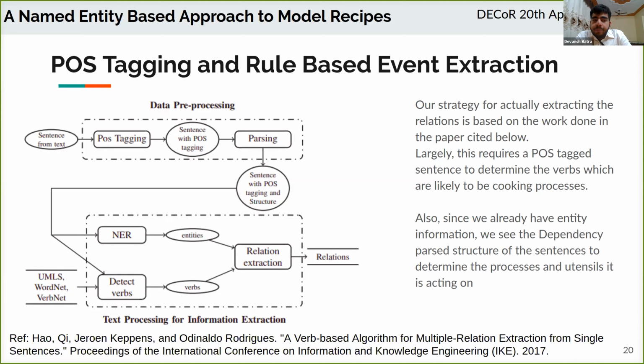So the pipeline would be to actually detect the verbs after NER has been performed using POS tagging, and then find the entities, the ingredients, and the utensils associated with these processes, which were believed to be more or less given by the verbs, to find the relationship tuples.